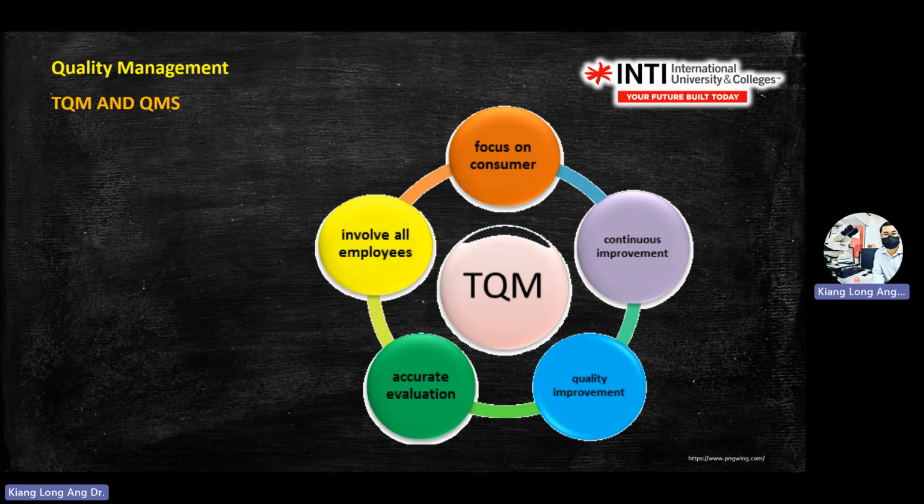Next, we talk about TQM and QMS. If you go to work, TQM is a very popular word on the factory floor or in any manufacturing plant. TQM is total quality management. You focus on customers, continuous improvement, quality improvement, accurate evaluation, and involving all the employees.